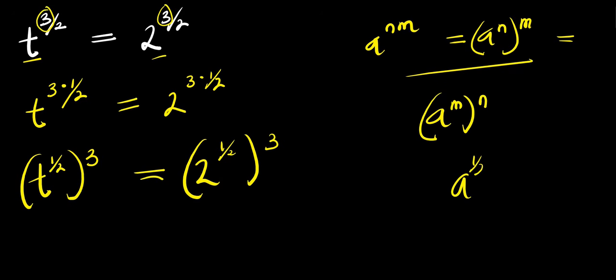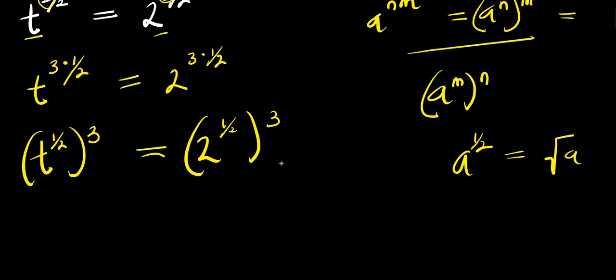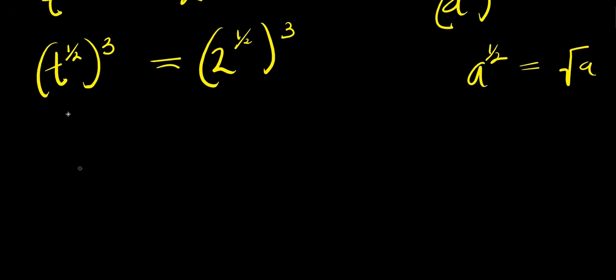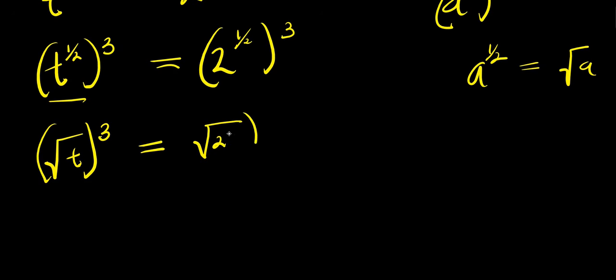If you have a power 1 over 2, this equals the square root of a. So this becomes square root of t power 3 equals square root of 2 power 3.